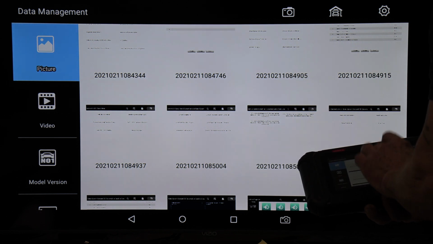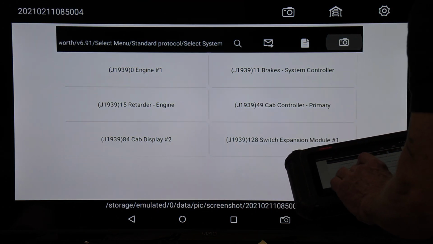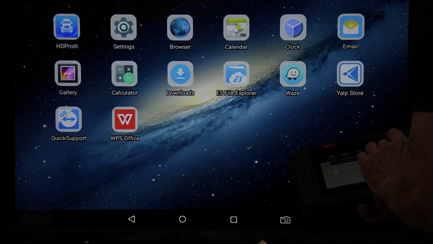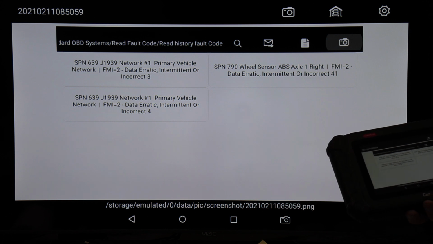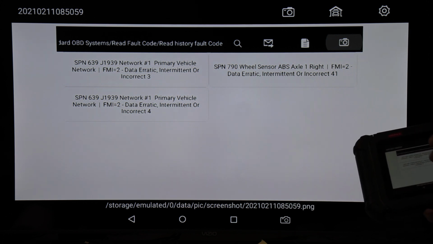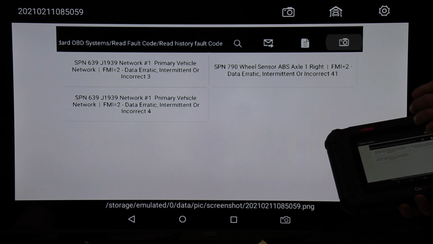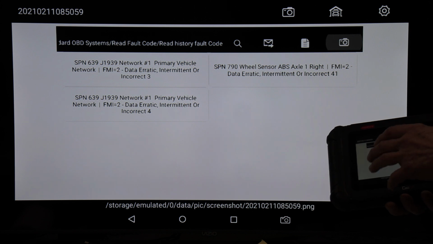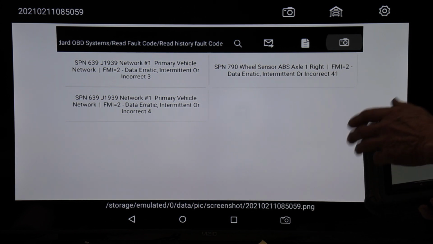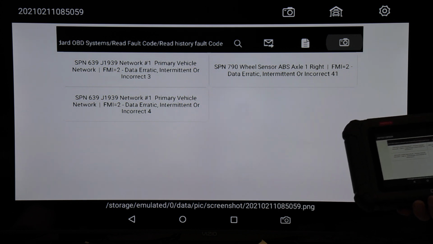So where did I leave off? I just did that. There we go. This is where I'm trying to head to. I left off with the previous point that you have so many different controllers. So this particular scan tool, as long as it's a truck, you're going to get involved with ABS, stability control, and so on and so on.